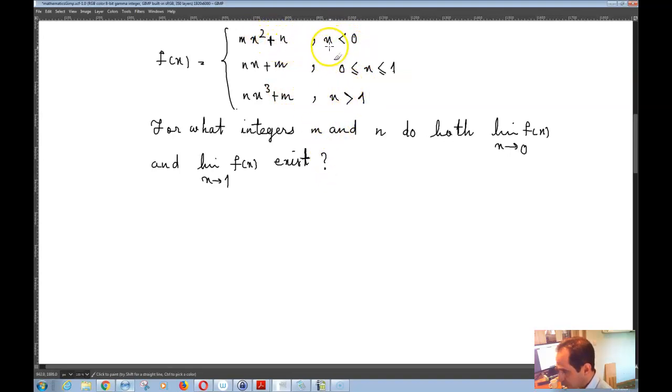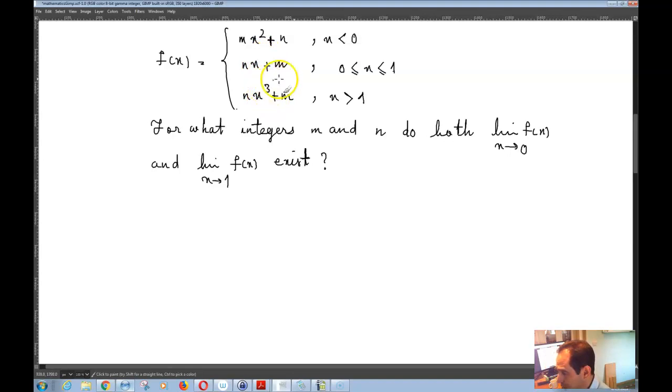Meaning that these two polynomials do need to have a point of intersection.